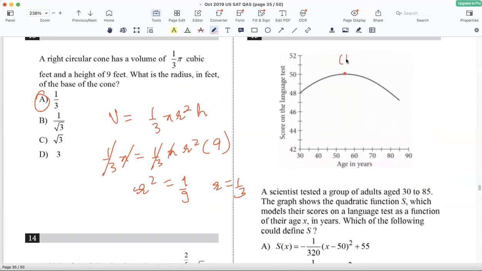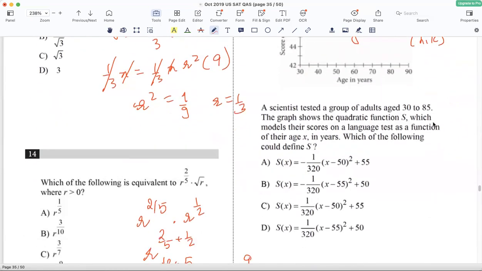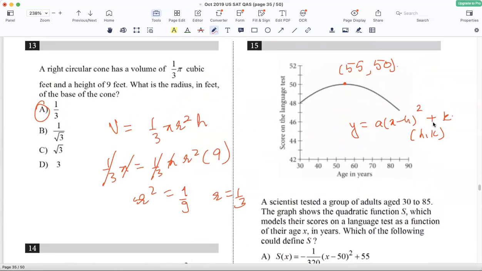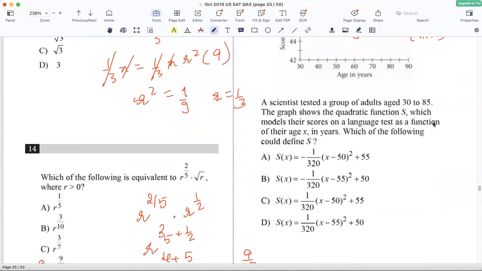So 55 is the x coordinate and 50 is the y coordinate. So the vertex form of the parabola is y is a times (x minus h) whole squared plus k, where (h, k) is the vertex. So (x minus 55) whole squared plus 50.